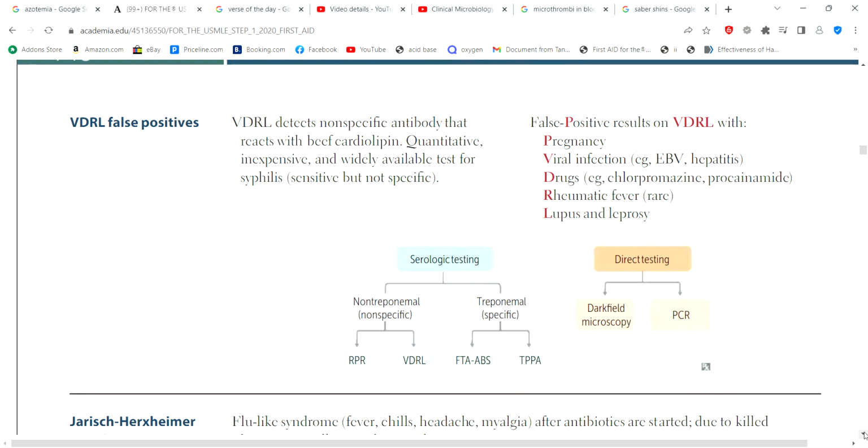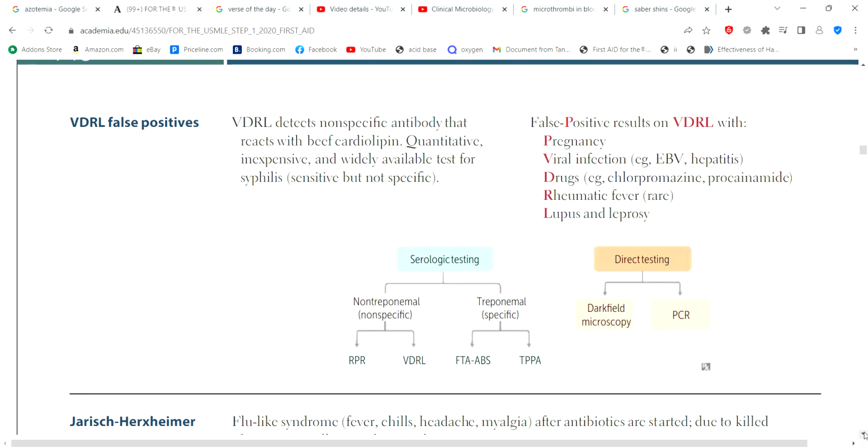It is a quantitative, inexpensive, and widely available test for syphilis.